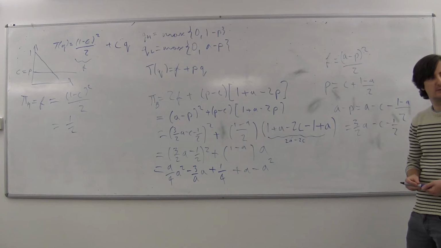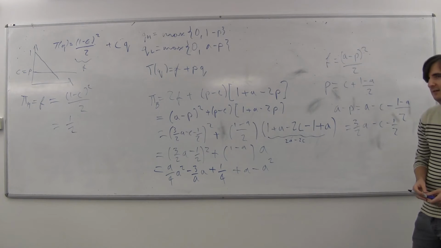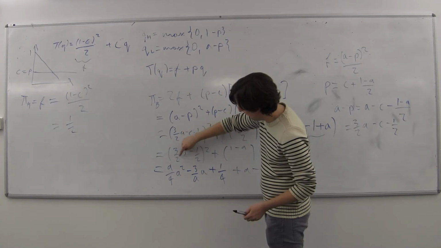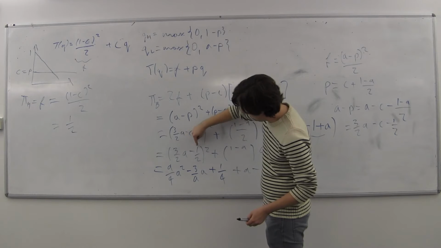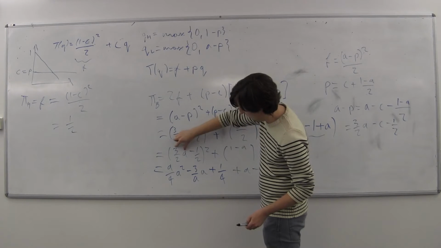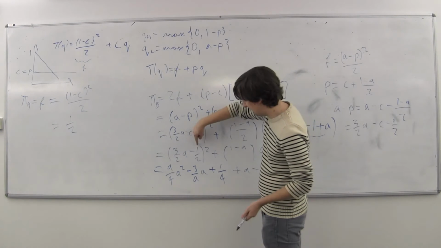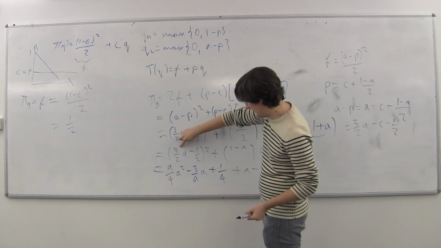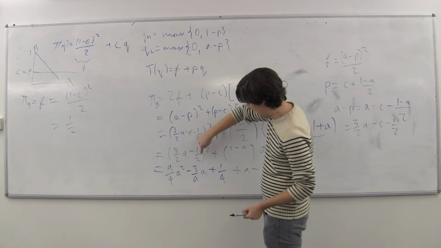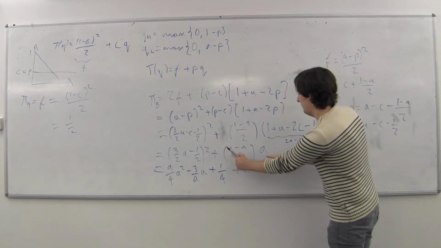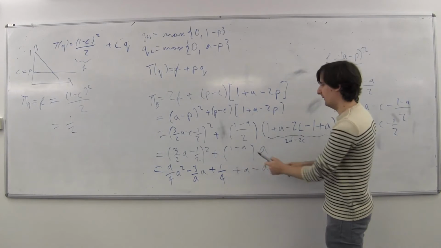Do you agree with my maths? So we get this thing squared, so 9 over 4a squared. We got 2 copies of minus a half times 3 over 2a, so the minus a half bit and the 2 cancel out. So that gives us minus 3 over 2a. Then we get minus a half squared, which is plus a quarter. And then we get plus a from there, minus a squared.